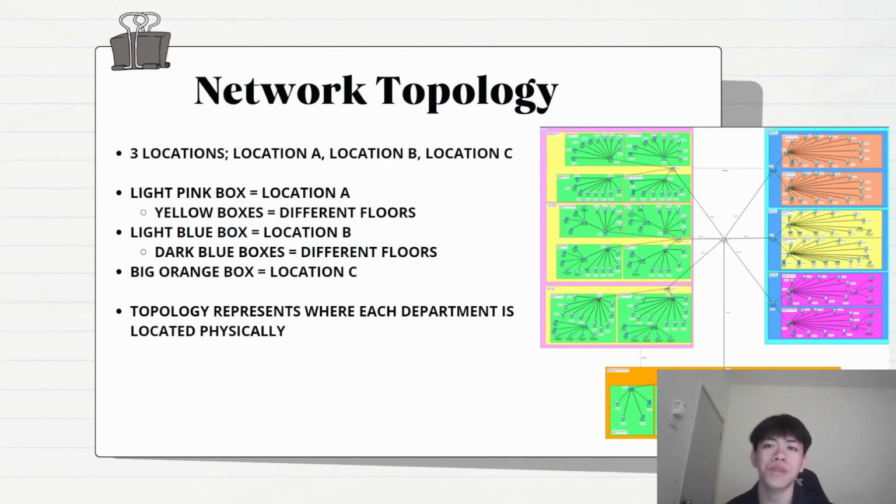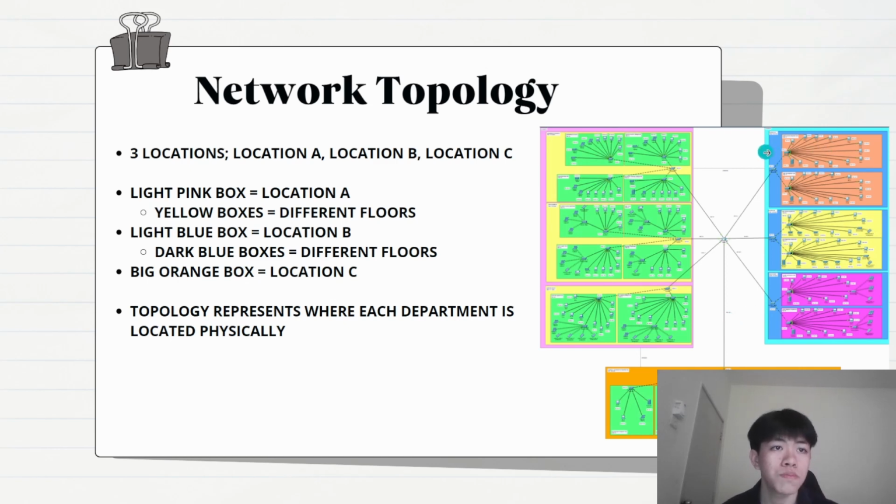So next, I'll be talking about the network topology. So our network topology consists of 3 locations, as mentioned earlier, which are location A, location B, and location C. So location A is represented by a light pink box, and each of these yellow boxes are representing each floor. So there are 3 floors in location A, and each of these green boxes are the subdivisions within each of these floors.